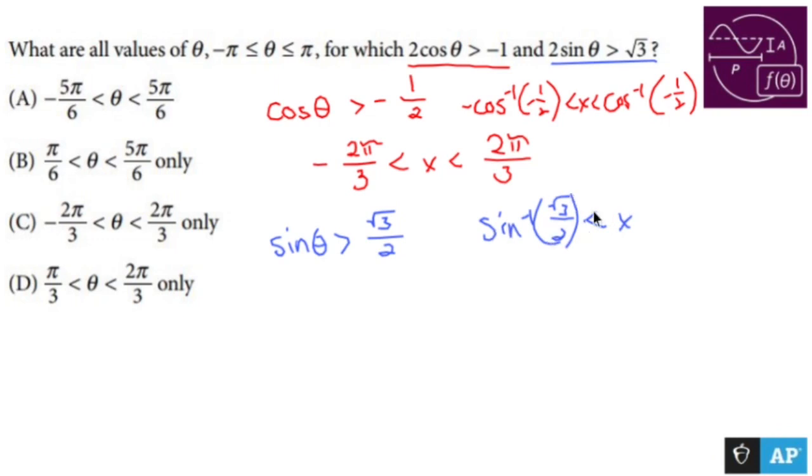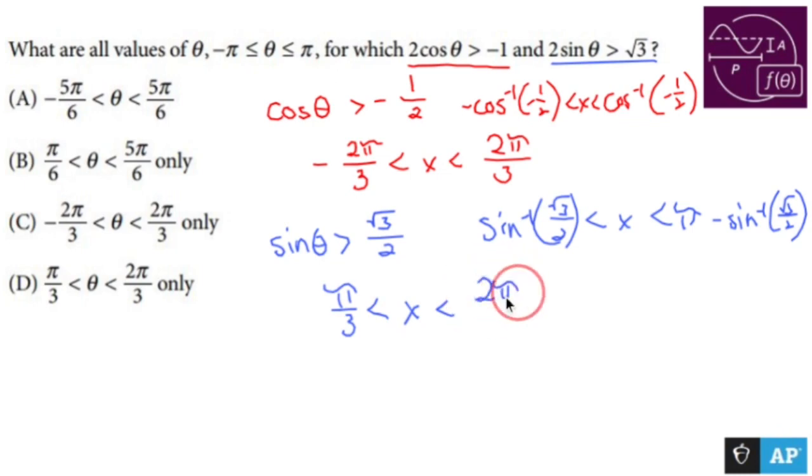X is going to be in between that and pi minus the inverse sine of that stuff, root 3 over 2. The inverse sine of root 3 over 2 is pi over 3. That's going to be less than pi minus pi over 3. So pi minus 1/3 of a pi is going to be 2/3 of a pi, or 2 pi over 3.